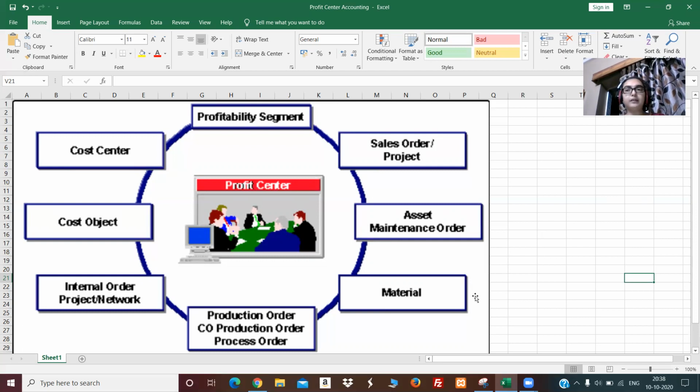Accordingly we will procure the raw material, we will complete the procure to pay cycle, and accordingly there are costs involved, there are cost centers associated with it, and the cost center master itself will have a profit center associated with it. This is the linkage. So once the procurement is happening against the material, the related cost centers are being updated, and accordingly the associated profit center is also being updated.